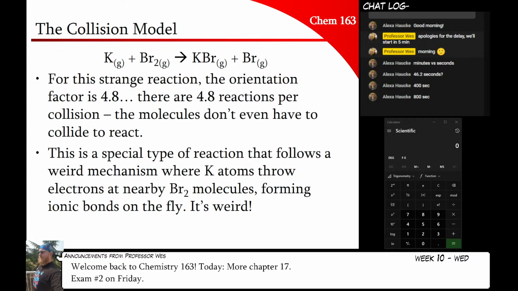They call this the harpoon mechanism. It's very strange. So don't think that the number of reactions that can occur per collision is limited to one. It can actually be any number it wants to, although higher than one is very, very strange. Most orientation factors are going to be less than one or much, much less than one.